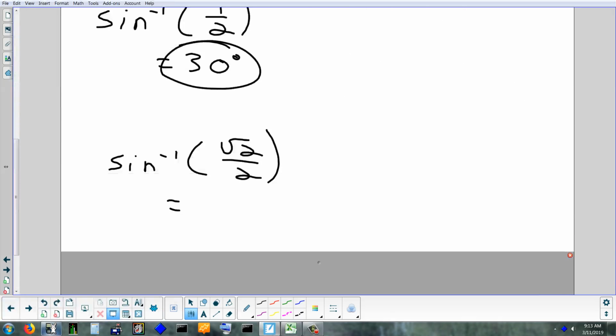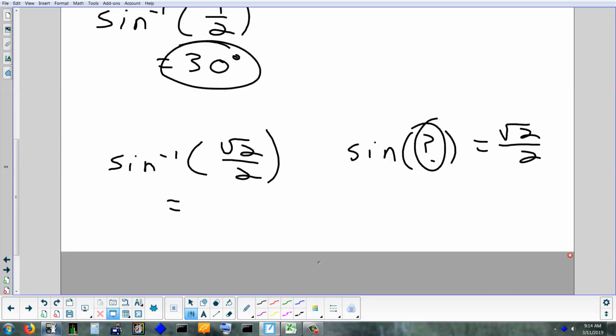All right, let's try this one. The inverse sine of √2/2. Or, think of it this way. The sine of some mystery angle is going to give me √2/2. Find that angle.